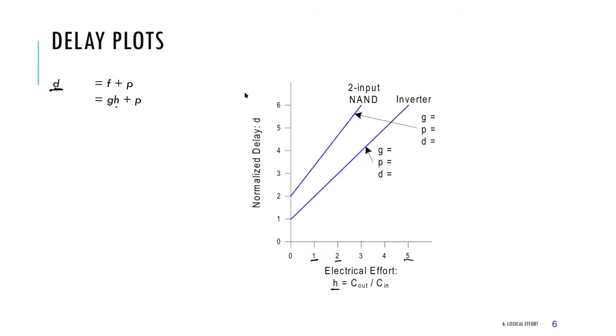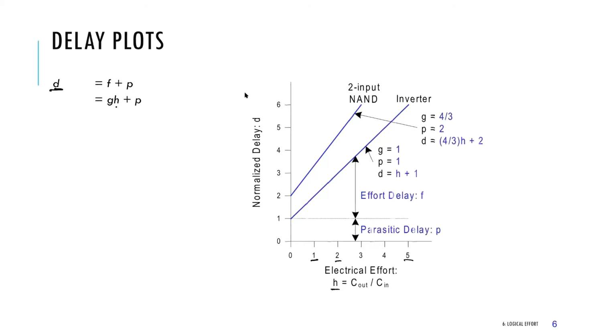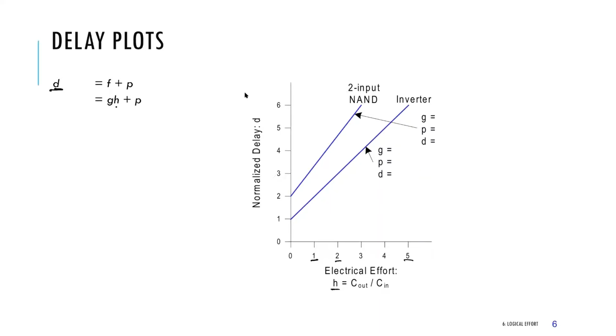Let's look at an inverter. So this is the curve for the inverter, the first one. So G is 1, P is 1. So D is G times H plus 1, or H plus 1. Okay, so let me get this right.